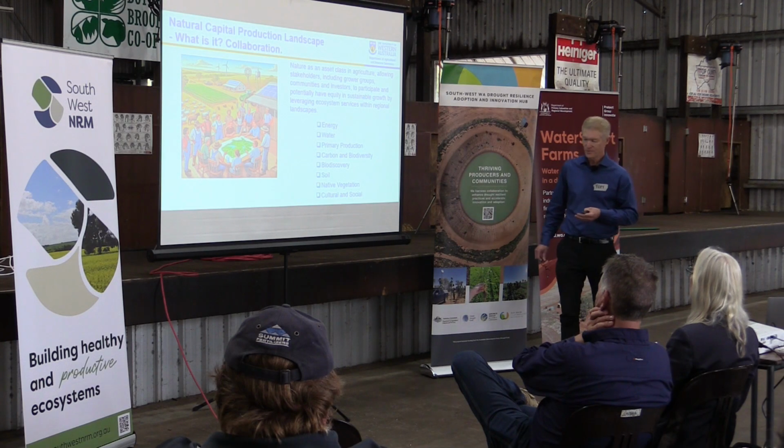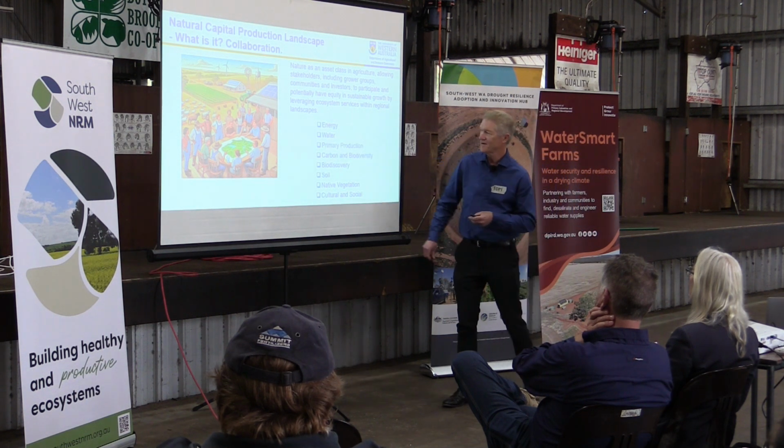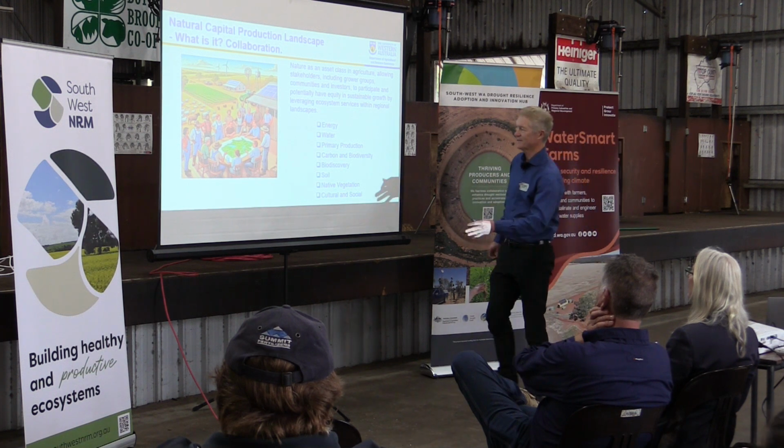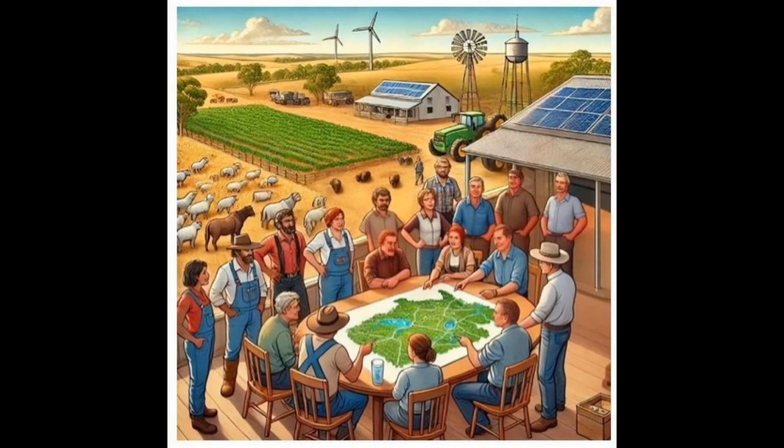And I'm a very poor artist, so I've leveraged off this AI innovation, and this is a picture that's meant to represent a group of farmers looking at a regional picture of their area that they're working in and considering how they might be able to collaborate together on this natural capital that they manage and own.